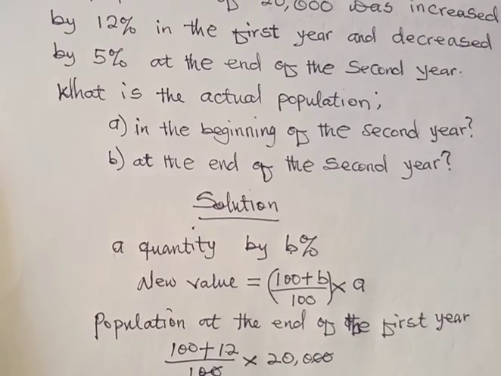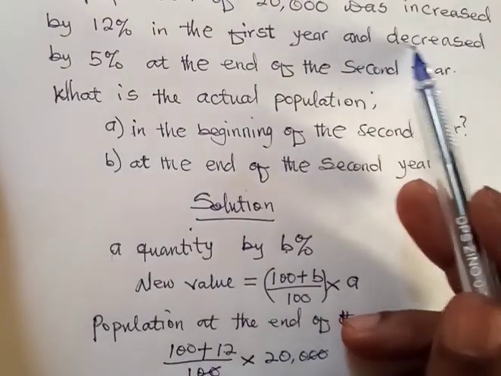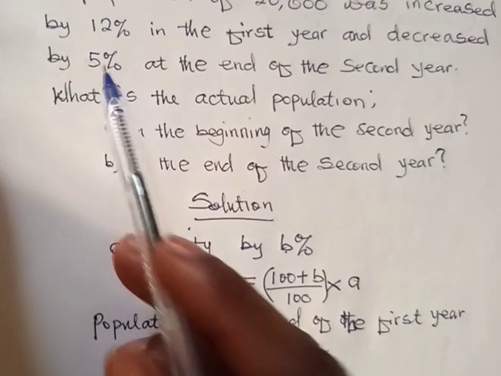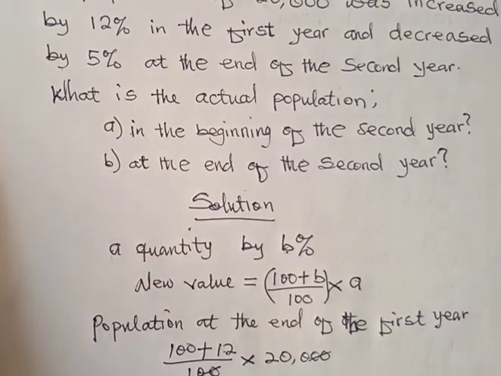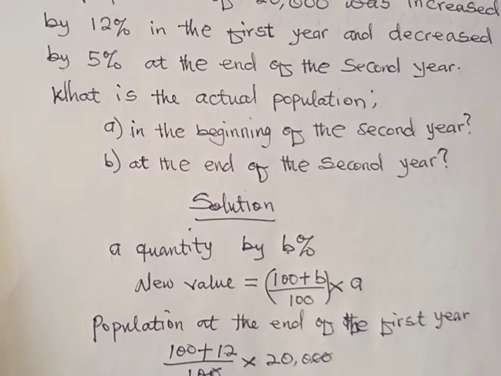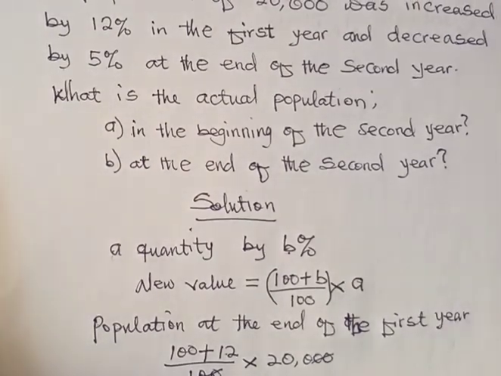So the question says, and it was decreased by 5%. It means that at the end of the second year, we realize that the total number of people in that community has been reduced by what percentage? 5%. And how do we do that? We do the same thing.